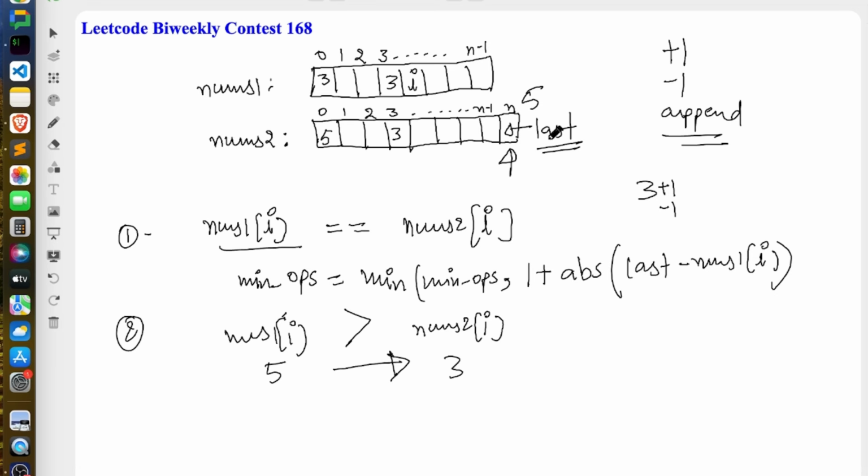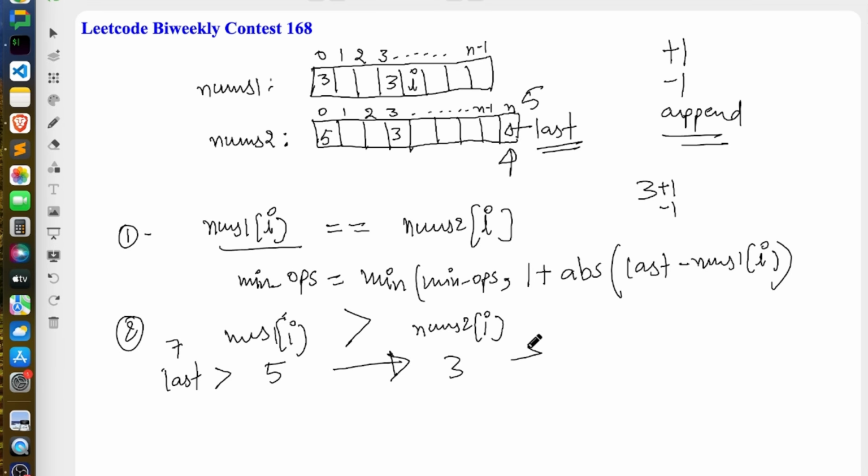Now let's consider cases where your last is present. If the last is more than this nums1 of I, what we can do, we can keep 5 at the end, and then we can apply, let's say the number was 7, we can keep this 5 at the end, then we can apply 2 plus 1 operations, right?